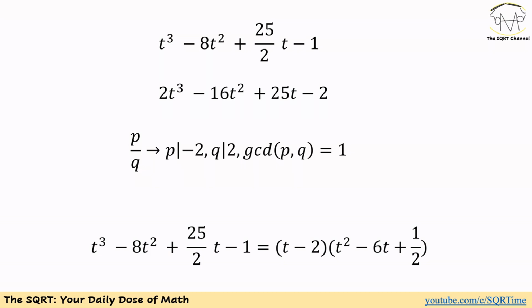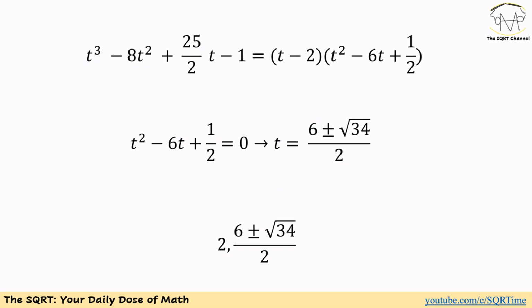And then you can verify that the other polynomial that you are going to extract after factoring t minus 2 from this polynomial is going to be t squared minus 6t plus 1 over 2. For the polynomial with degree 2, which is t squared minus 6t plus 1 over 2 is equal to 0, we can use the traditional approach and find the roots.